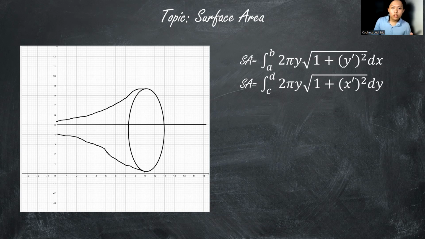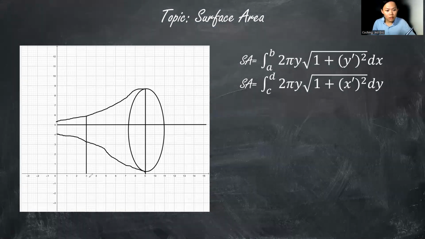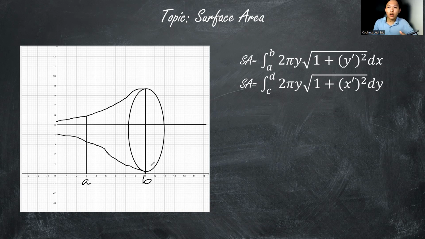We need to use the formula for surface area. In order to use that, we first need to get the limits. Let's say this is A and this is B, and it's the same as our length of the curve in placing our limits.